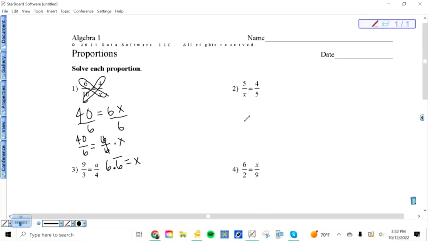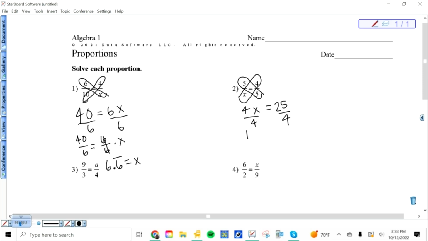All right, for number 2, what are the 2 pairs of numbers that I'm going to multiply? Excellent. 5 and 5, 4 and x. What's 4 times x? Excellent. What's 5 times 5? Yeah. So now what do I do? Yeah, I divide both sides by 4.